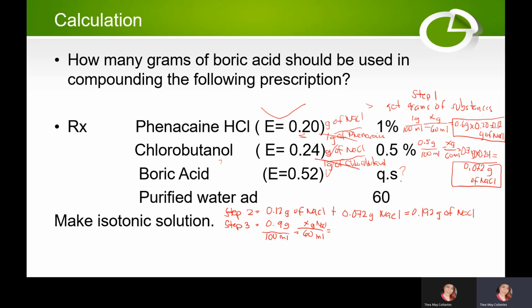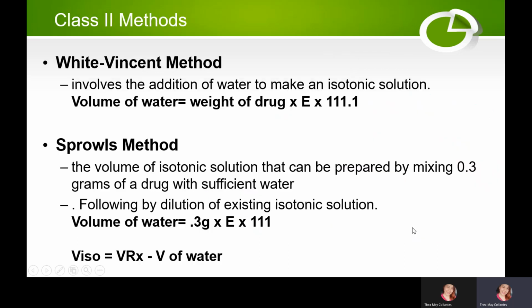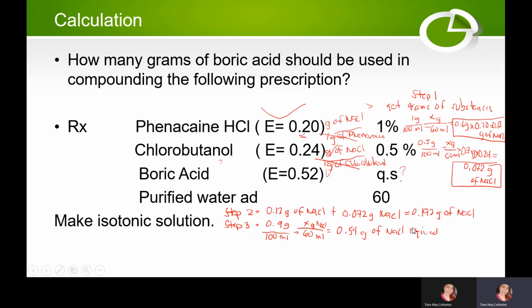That would be 0.54 gram of NaCl required. So everything I want to make should have 0.54 gram of NaCl in order for me to conclude that the 60 ml is isotonic. So, 60 ml with 0.54 grams is isotonic.